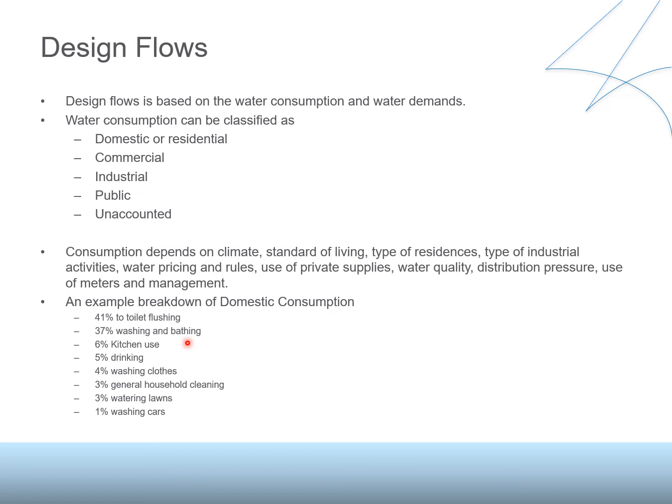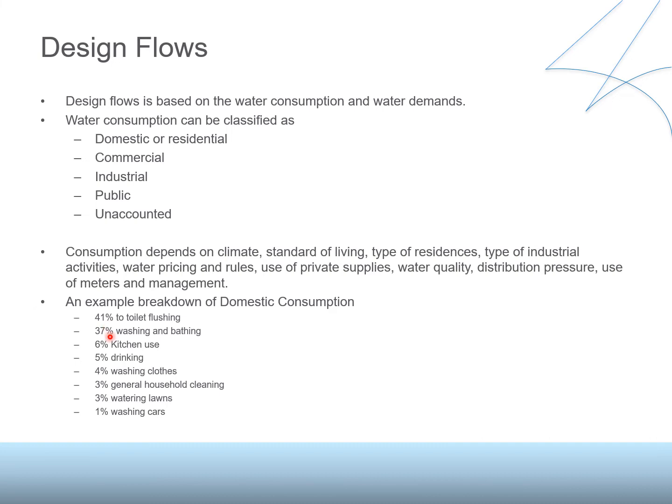So even though water consumption is highly variable, we need to come up with some kind of value. And this kind of breakdown helps to find out what the current trend is and what the likely future value is. For example, if there is a trend of inventing toilets that use less water, then probably in future we may end up using only 10% of water for flushing instead of 41%. And that will help us decide what the design demand should be for the future.